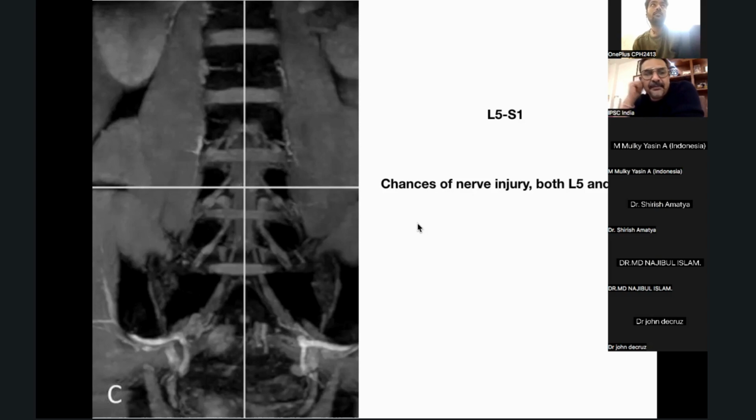So what is your approach for L5, S1, sir? For L5, S1, I basically look at where the herniation is. If it's a central herniation, I do an interlaminar approach. If it is not, then I do the transforaminal approach. With the transforaminal approach, you also have to consider the iliac crest.